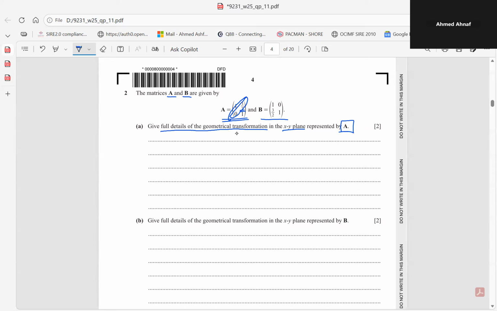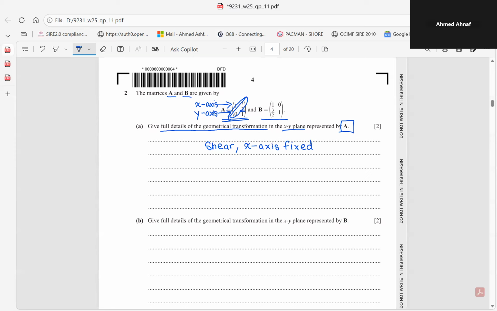Let's write that down. This is a shear, and specifically a shear with the x-axis fixed. What I always like to do is associate the top row with the x-axis, and the bottom row with the y-axis, regardless of whether it's a stretch or a shear.